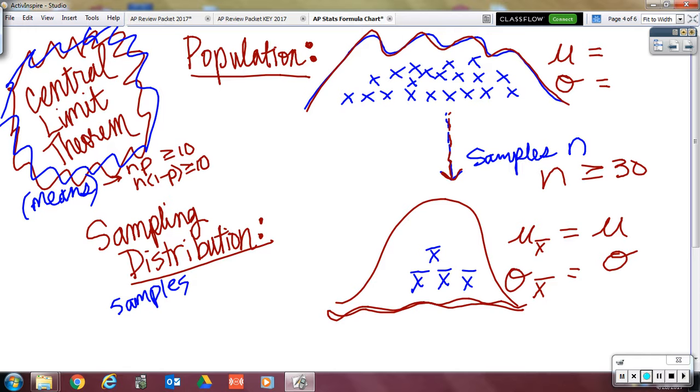It will always be what? Smaller. Why will it always be smaller? We're dividing by the square root of n. So the standard deviation of these means will always be smaller than the population standard deviation.